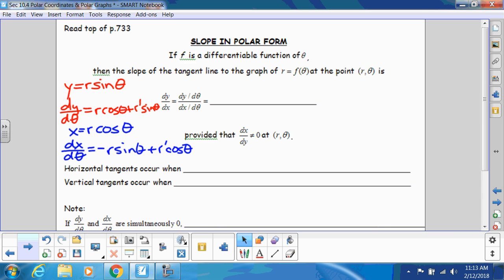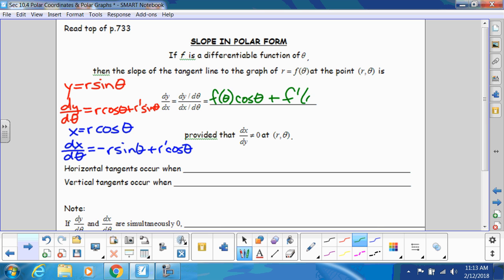So then if I just switch, instead of r's, I'm going to put f of theta and f prime of theta. So my dy/dx, we said was r cosine, so that's going to be f of theta cosine of theta plus f prime of theta sine of theta. So all I'm doing is replacing the r's. And then I have negative f of theta sine of theta plus f prime of theta cosine of theta.